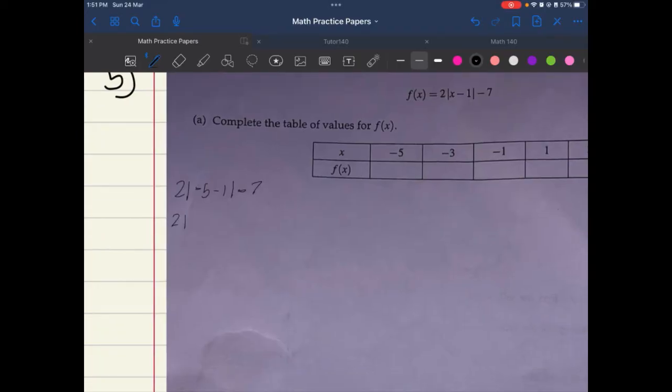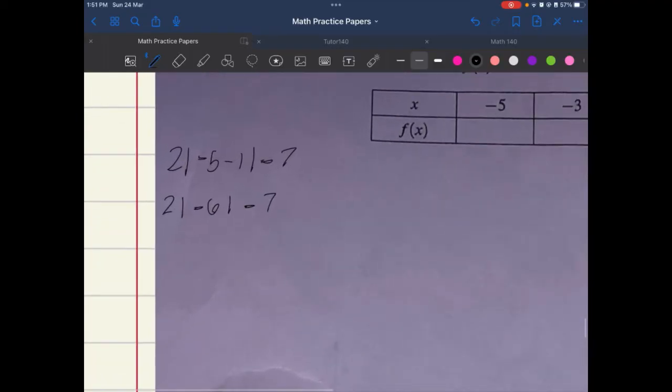So -5 minus 1 is -6, the absolute value of -6 is just 6. So 2 times 6 minus 7. That's 12 minus 7, which is 5.